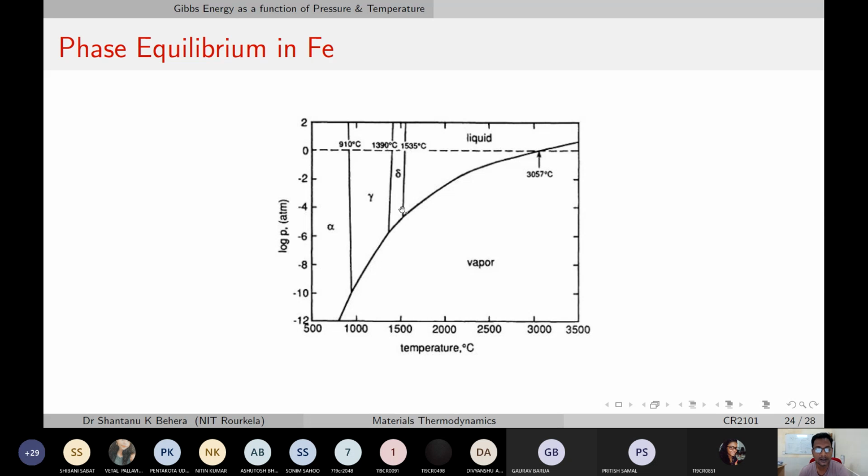If you look at it, this slope is less than 90 degrees. In the case of water, if you measure from here, it's more than 90 degrees, sloping towards the left. Other than that, it's pretty much the same.